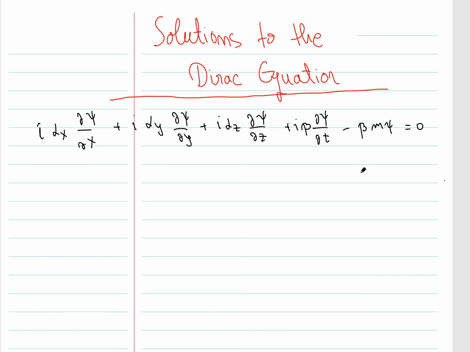So we can multiply both sides by beta, because we know that beta, alpha z, alpha y, and alpha x are matrices.